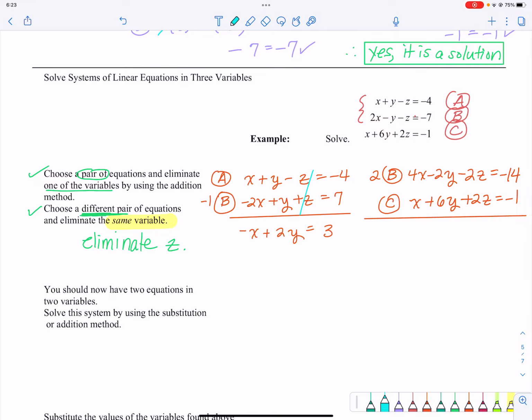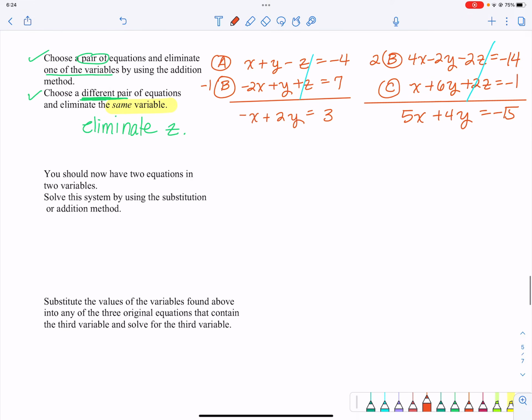Okay, and as you can see, we eliminated z. So we have 5x plus 4y equals negative 15. So now what are we going to do?